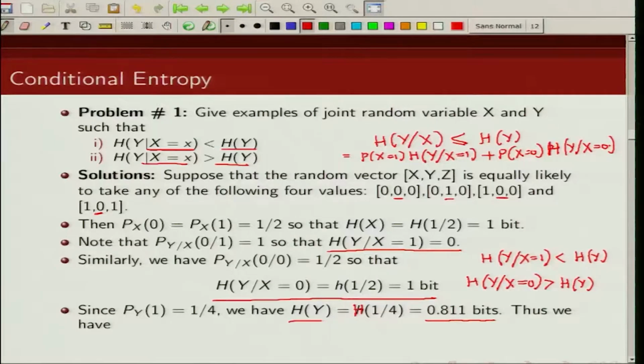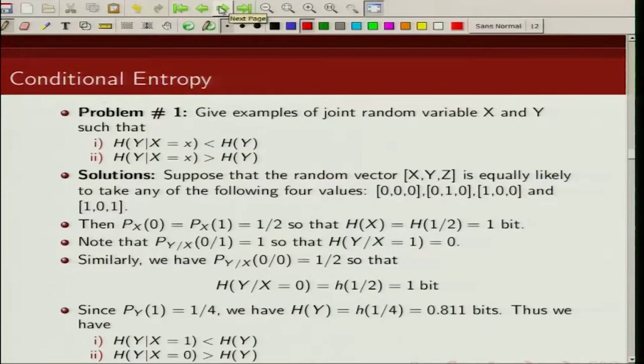This quantity is half, this is 0, this is half, and this is 1. So this comes out to be 0.5, which is less than h of y. H of y is 0.811 bits.